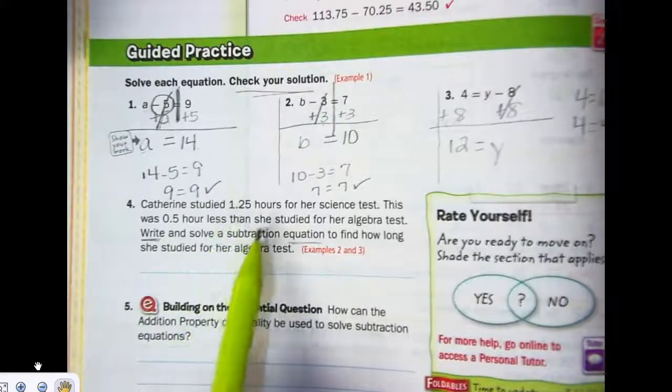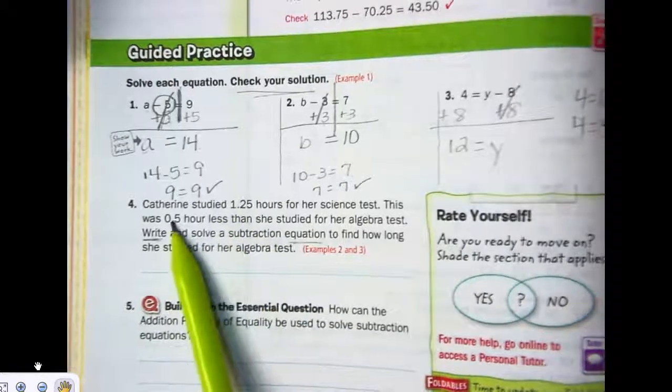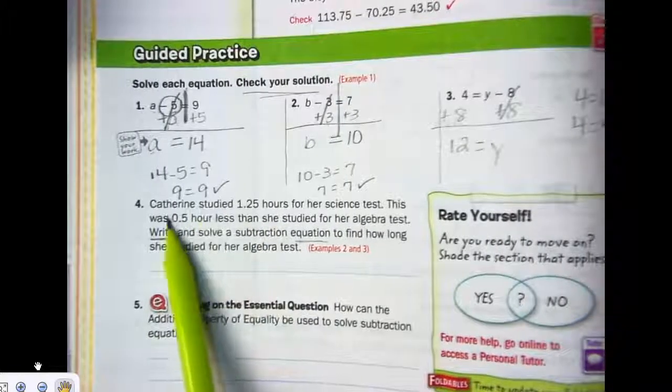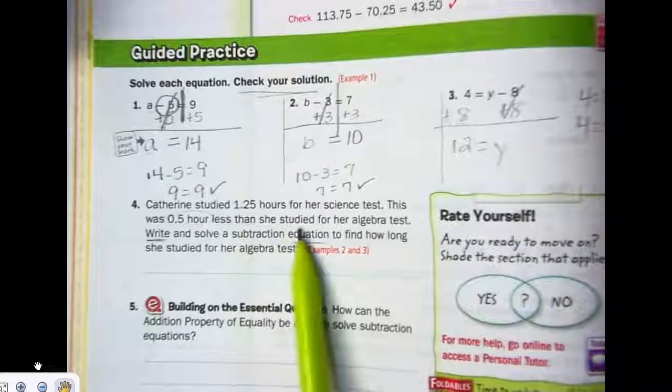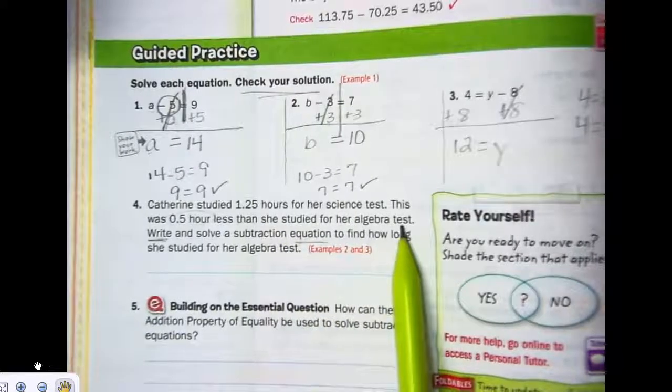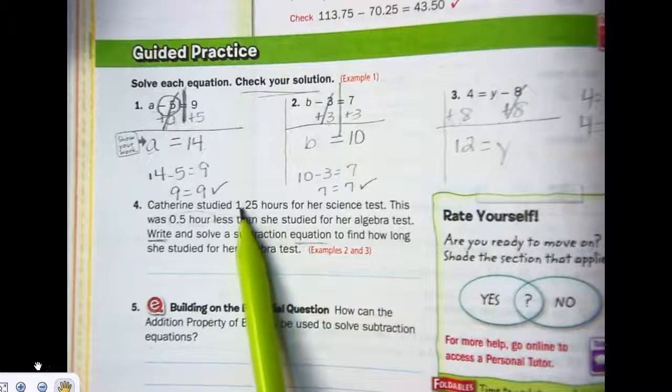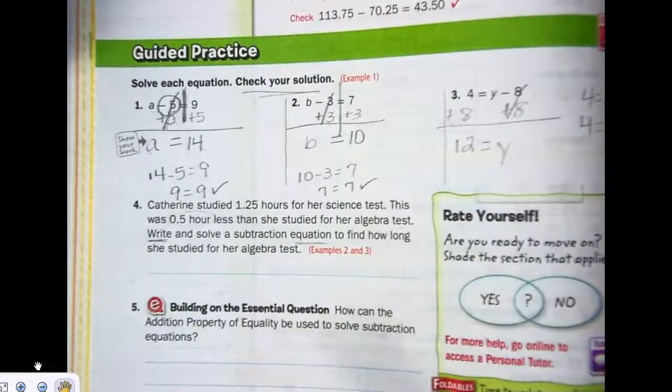Well, we know that what she studied was a half an hour less than she studied for her algebra test. Together, we're going to figure out how long she studied.